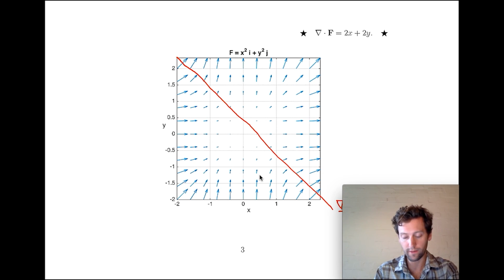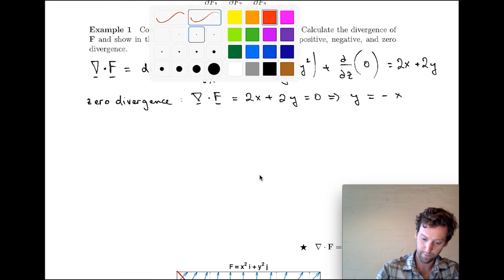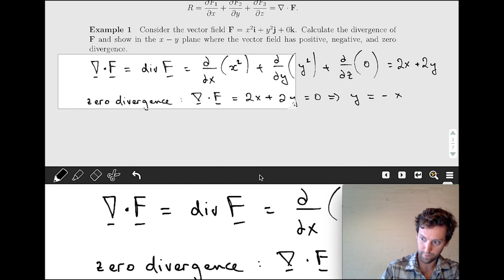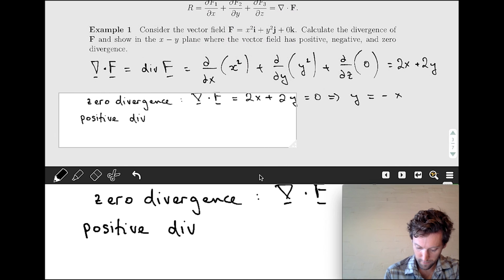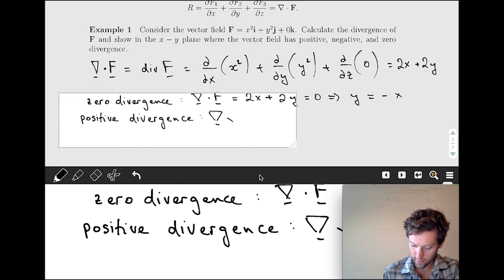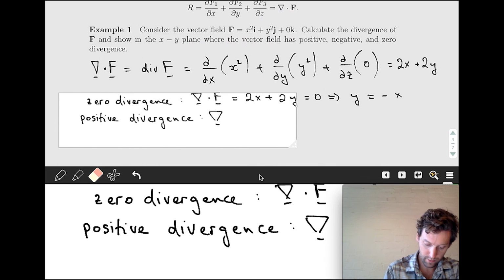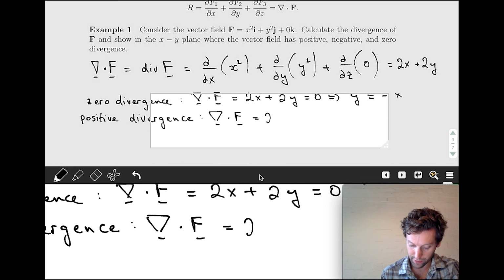Let's look for where in the flow we have positive divergence. So where do we have positive divergence? This will occur where del dot f is equal to 2x plus 2y is greater than 0.